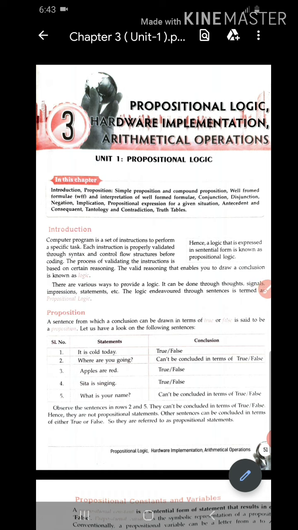There are various ways to provide logic. It can be done through thoughts, signals, impressions, statements, etc. These kinds of things are also known as propositional logic.